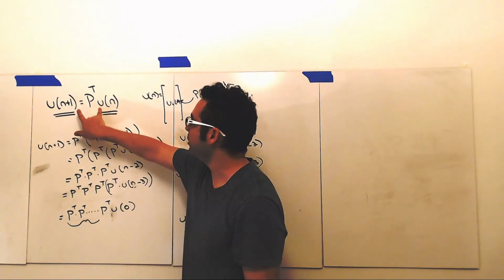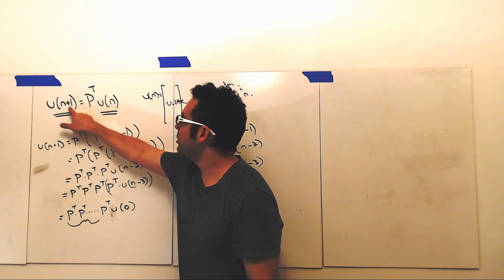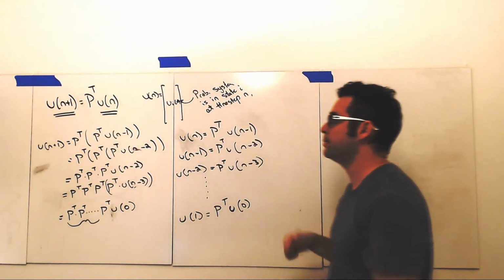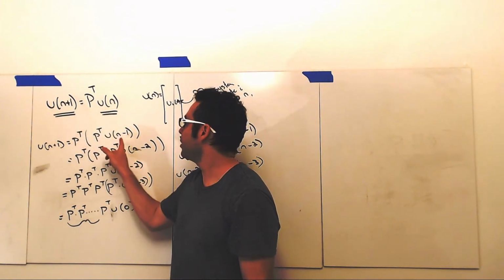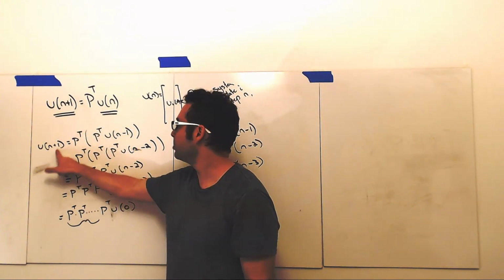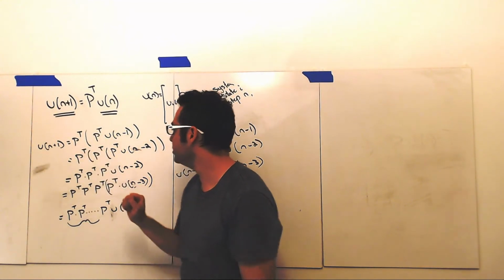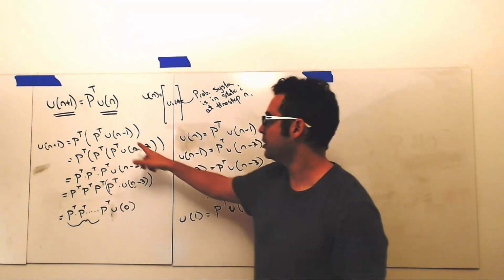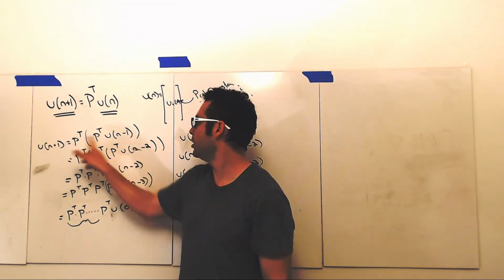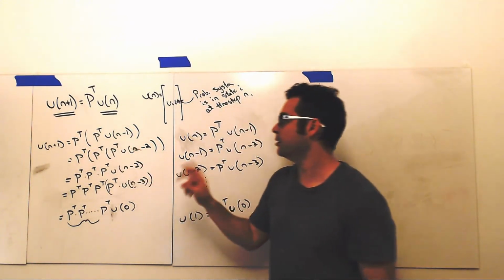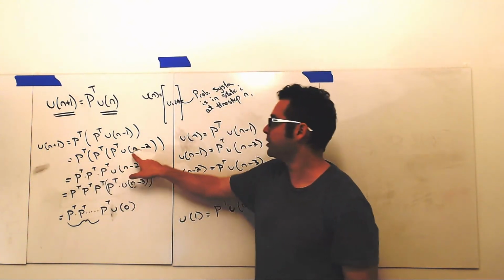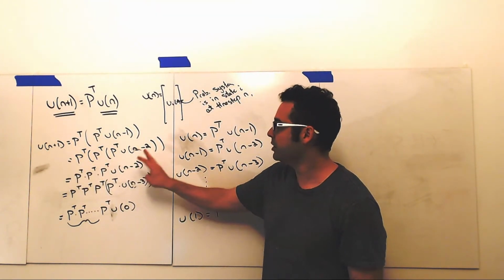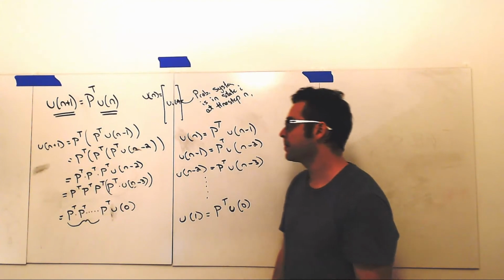So we started off here where we had one step transition. We had p to the first power. When we made it from n minus 1 to n plus 1, we had 2 p's, right? So the little hint here is 1 plus 1, 2. If we go to n plus 1, but we pretend we're starting off at n minus 2, that's 3 p's, right?